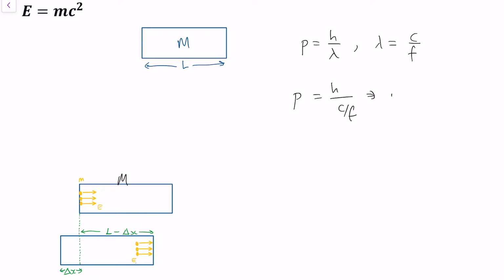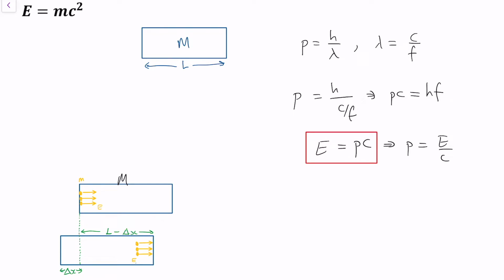That implies pc is equal to hf. And if you remember photoelectric effect, right, we have energy is hf, which is equal to pc. In other words, the momentum is equal to energy over c, right? So let's put this formula in a box, right? We have energy is equal to pc.